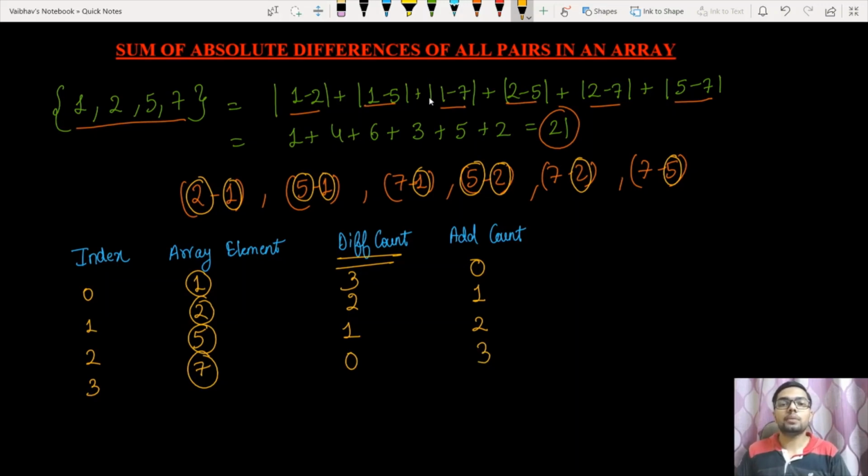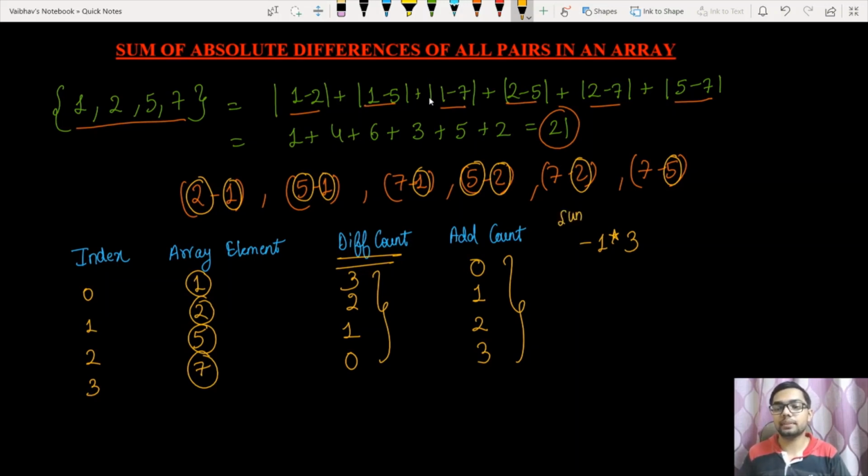Now from this table, if we want to compute the sum of the absolute differences, I can clearly say that 1 is being subtracted 3 times, so I would add minus 1 times 3 inside the variable which I am storing.